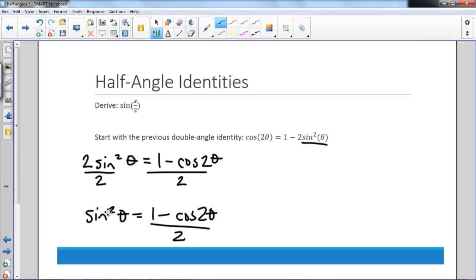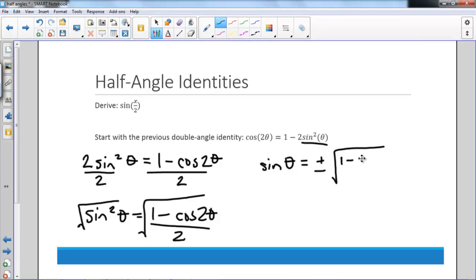Now I need to get rid of the square. So if I take the square root of both sides, I'm going to be left with sine theta equals plus and minus, because anytime we use the square root to cancel things out, we're always going to be left with a plus and minus, the square root of 1 minus cosine 2 theta over 2. But here I'm really looking for sine of theta divided by 2.